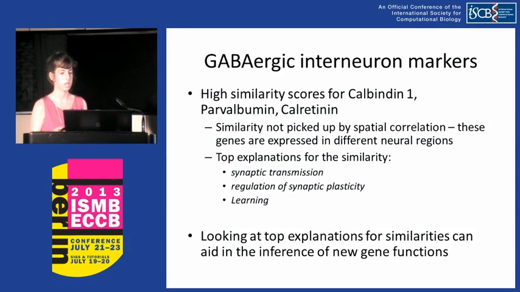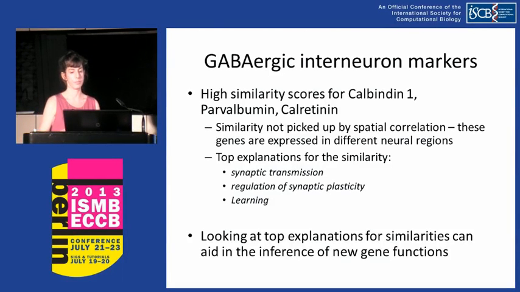So the similarity was not picked up at all by spatial correlation. The simple explanation for this is that these genes are expressed in the same cell types, but in completely different neural regions. So this is exactly the type of case that our method would capture very well, and spatial correlation completely misses.